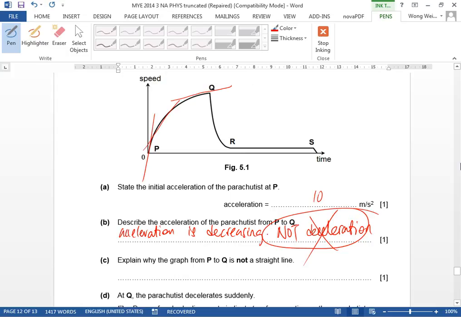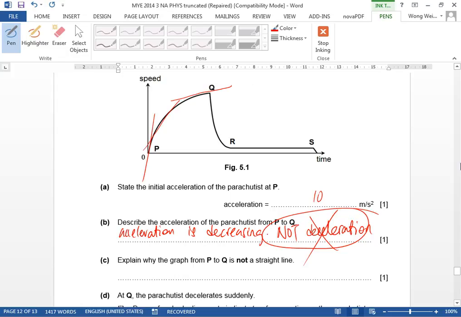Why? Why is it critical that he has air resistance? Oh yes, so that he can slow down. Otherwise he'll just come crashing like a rock, right? Then he'll lose his life. So the purpose of the parachute is to increase the air resistance so that he will slow down and he can land safely.